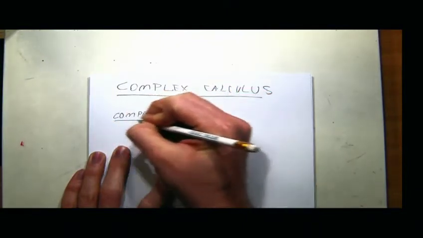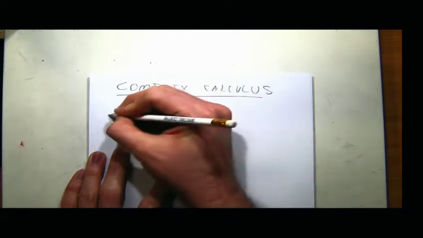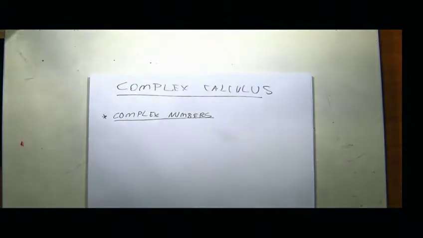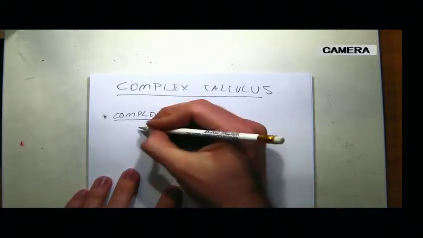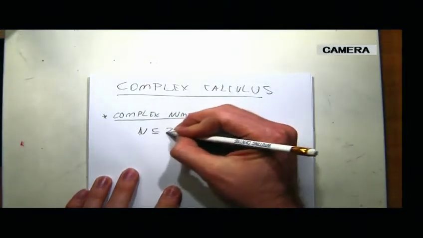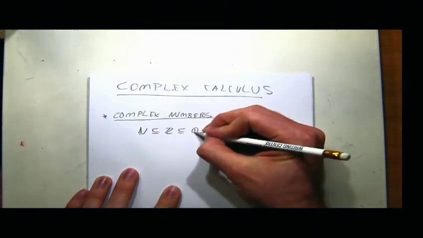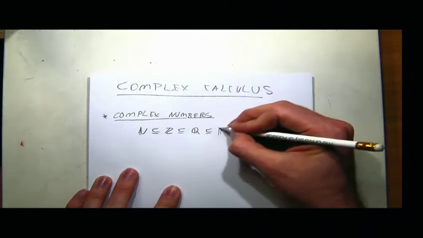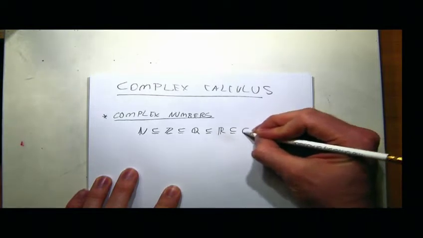Partly because even if you know it, it'd be really great if next year's students could use this as a way of studying this near the beginning of the course. So the idea is you've got these complex numbers, you've got your various families of number, there's the natural numbers, and they're contained in the integers, and they're contained in the rational numbers, and they're contained in the real numbers, and then they're contained in the complex numbers.